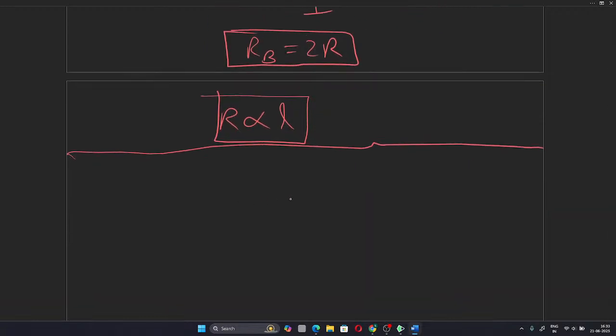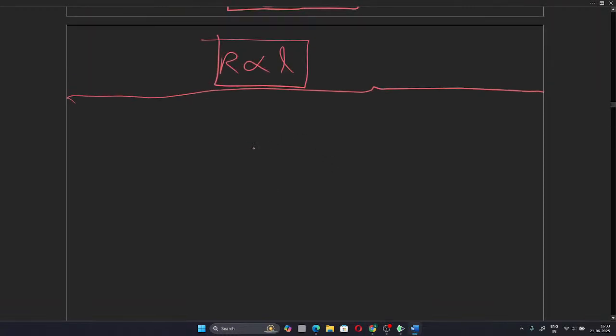And the next case, case 2, for the relation between area and resistance.